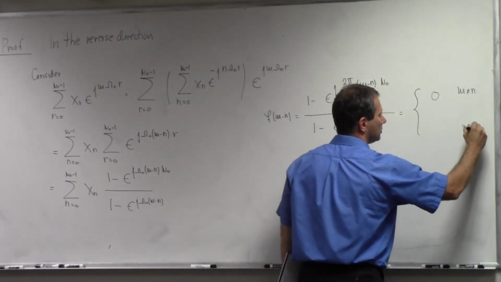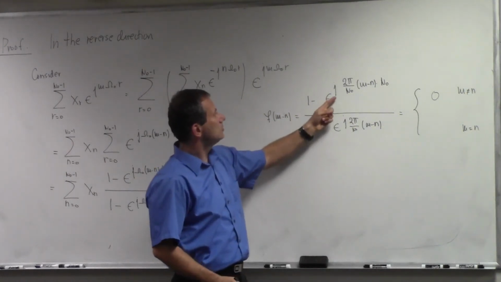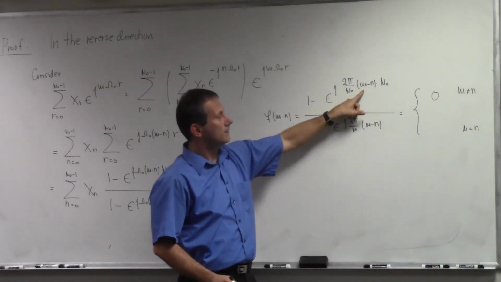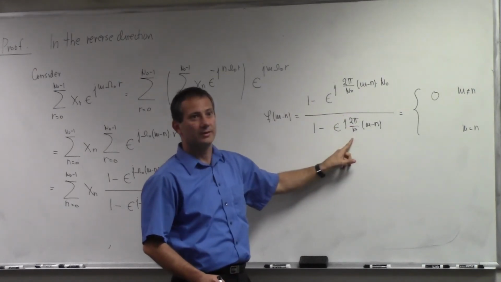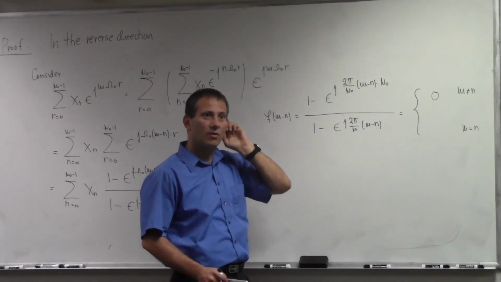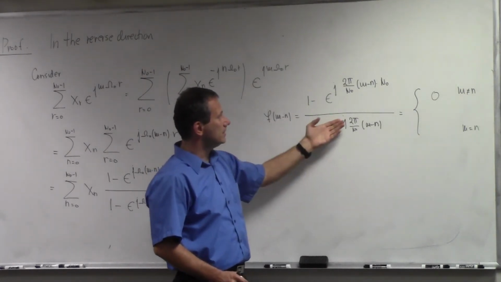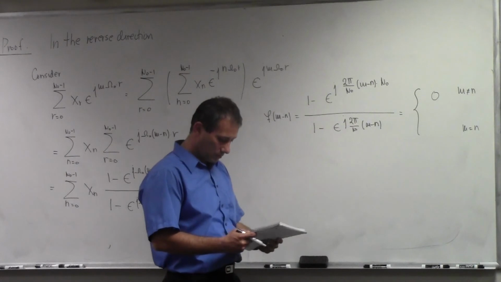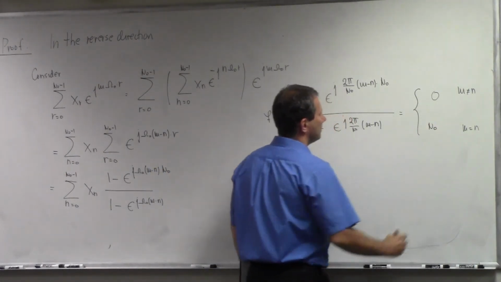When m is equal to n, what happens then? Then this is e to the j 0, and then this is also 0, right? So we have 0 over 0. Now, you can show that in the limit, this is actually equal to n0. Now, how do we show that?